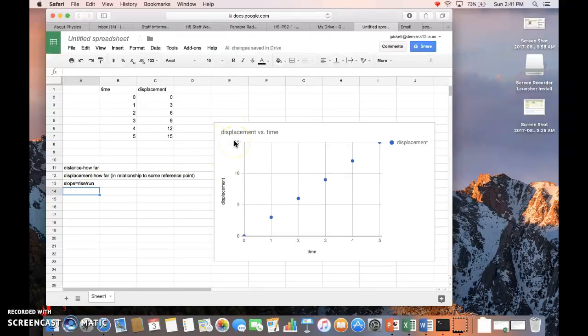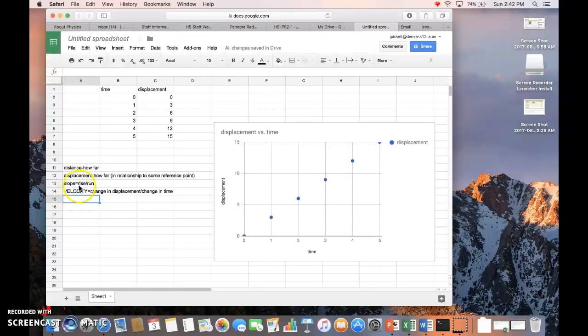What we know is that the slope here, if we look at it, the rise value is displacement and the run value is time. And I know that there's this awesome equation for velocity that is change in displacement divided by change in time. There's an eerie similarity between slope and velocity.